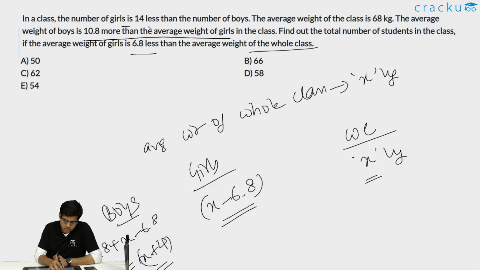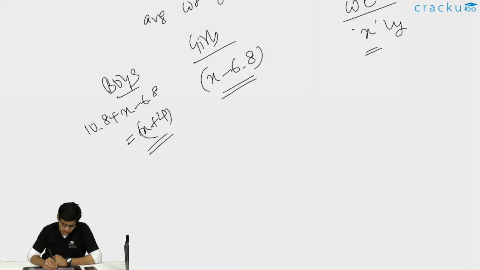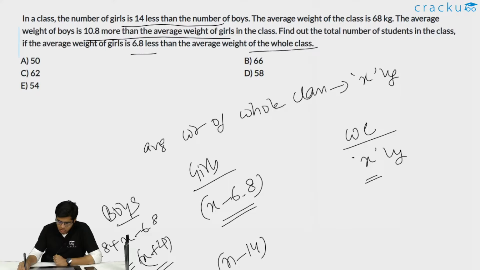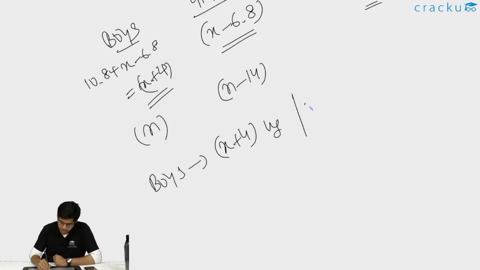And number of girls is 14 less than the number of boys. So number of boys, let this be n. Number of girls is 14 less, means n minus 14. And it is given the average weight of the class is 68 kg. So boys, they are having average weight of x plus 4 kg and there are n boys. So what is the total weight?